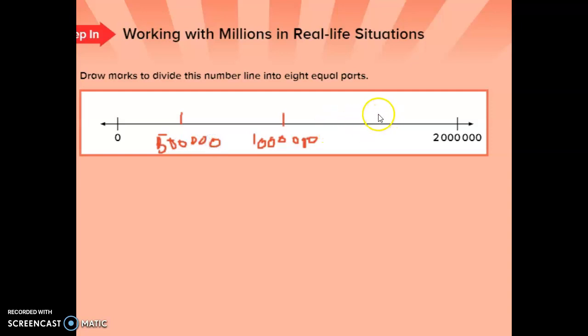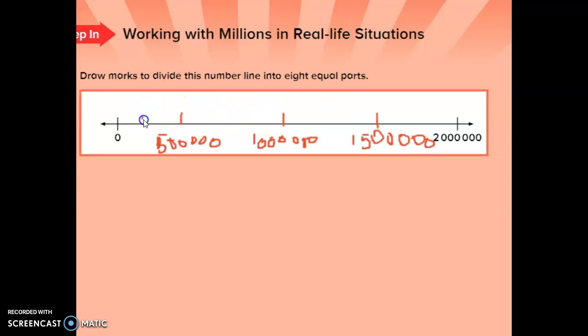Then I'm going to break this one into parts, and that's going to be 1,500,000 because I'm on my way to 2 million, aren't I? 1,500,000. Say it. Say the numbers as you go.